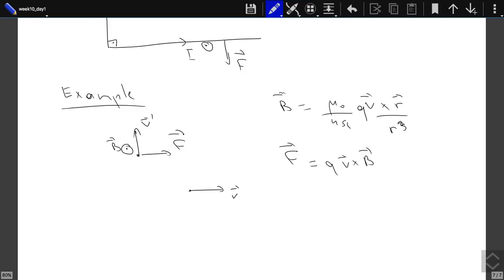What about this one? What is the direction of the magnetic field at this point due to this one? Outward or inward? You say V prime is in this direction. This is R. V prime cross R is inward.